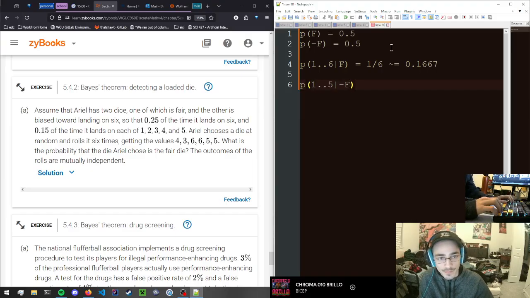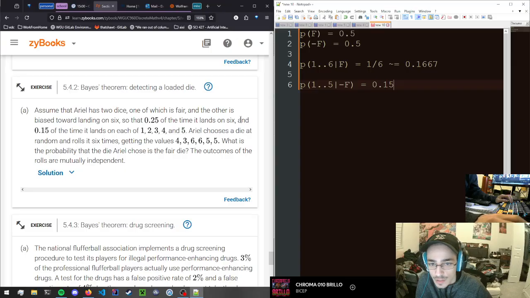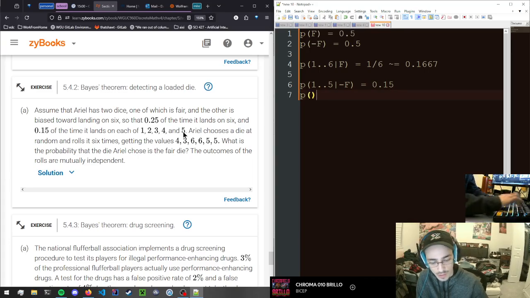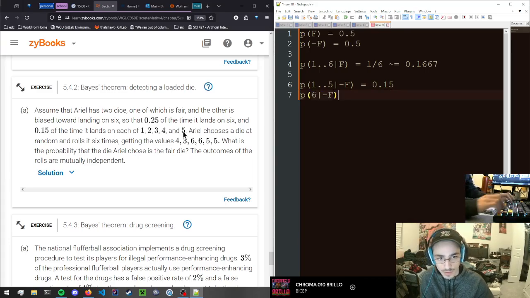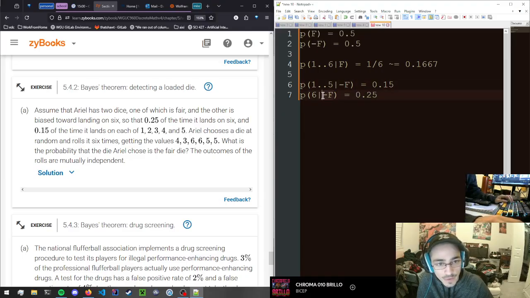And she's saying that when it lands on these, it's that chance, and when she lands on a 6, it's this much for the unfair dice.